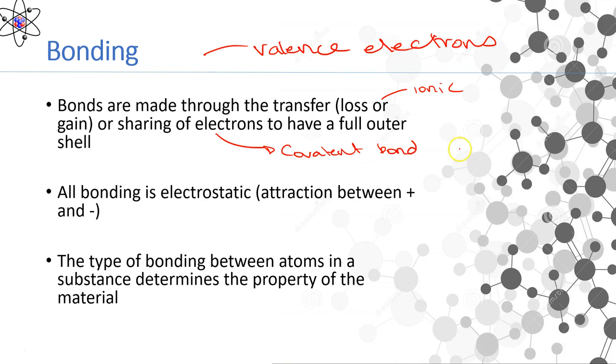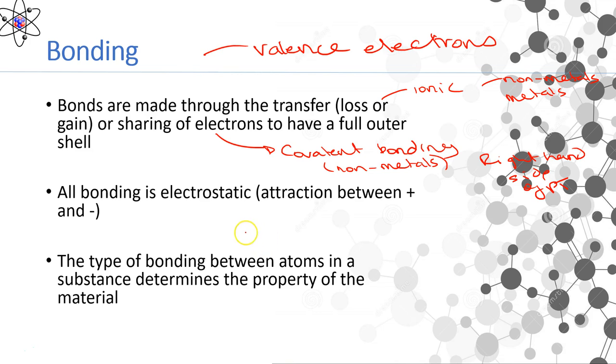Okay, and covalent bonding is going to be in nonmetals, those ones on the right hand side of the periodic table, and ionic bonding is between nonmetals and metals. So you would have something from the left hand side reacting with something from the right hand side.